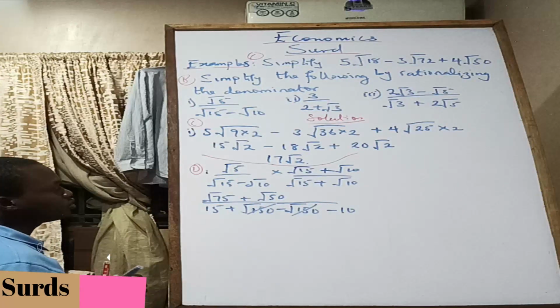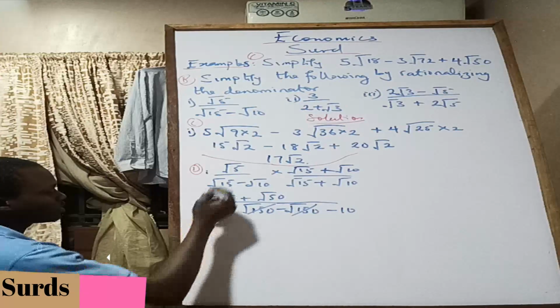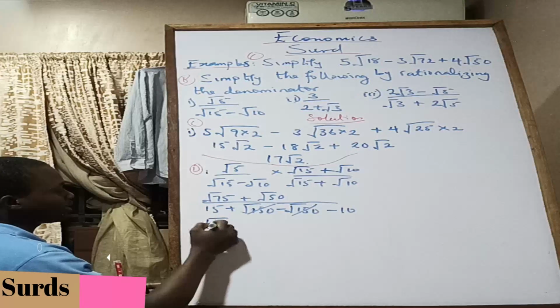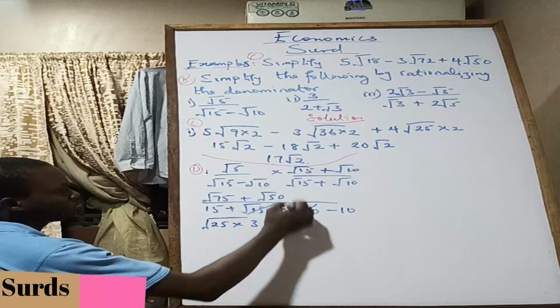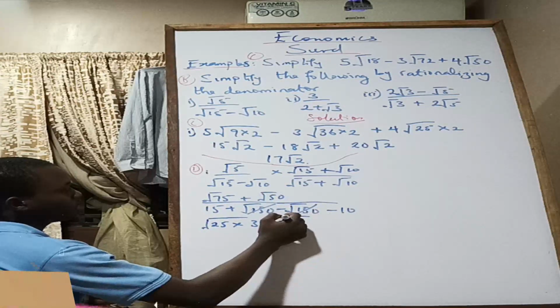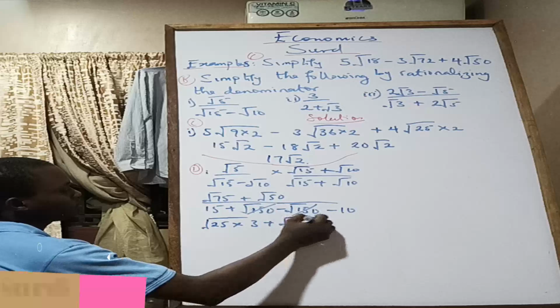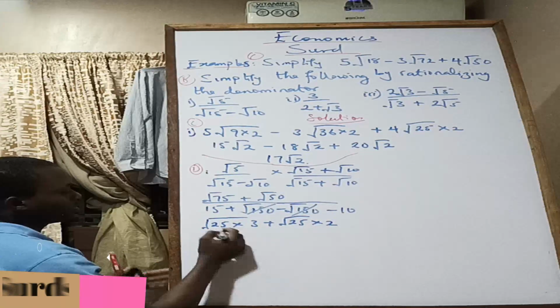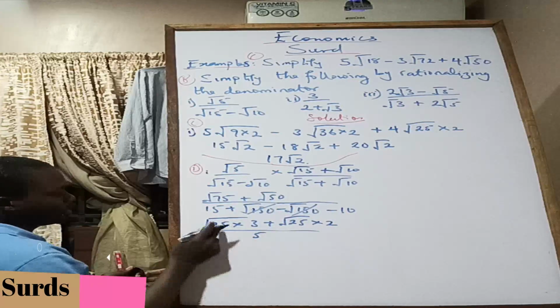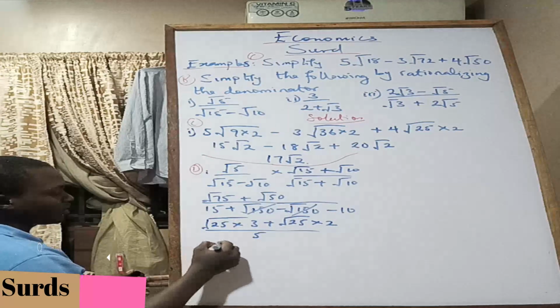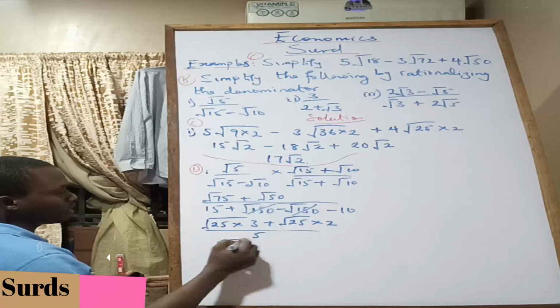So yeah, root 75 is going to give us root 25 times 3, then plus this one is going to give us root 25 times 2, then divided by 15 minus 10, which gives us 5. So root 25 times 3 is going to give us 5 root 3, right?